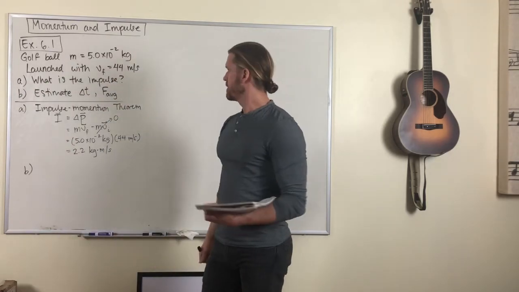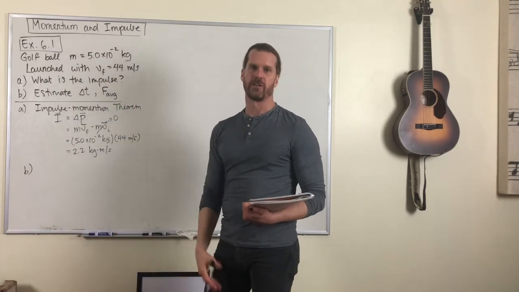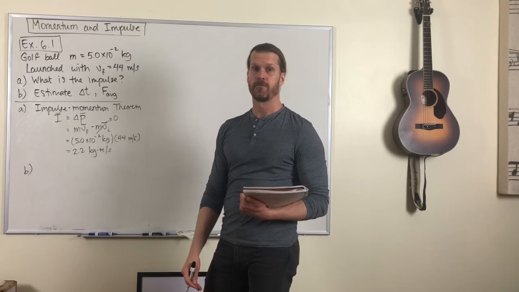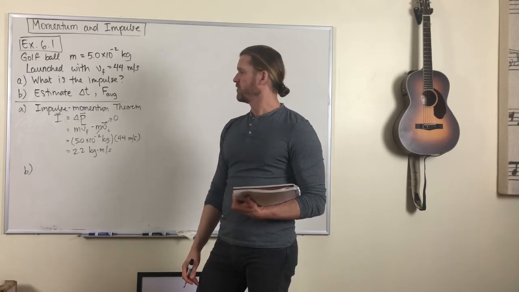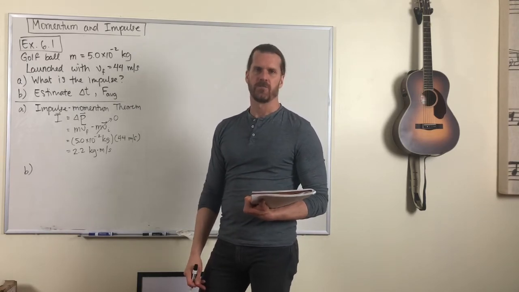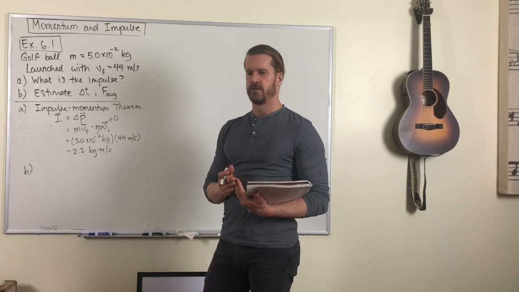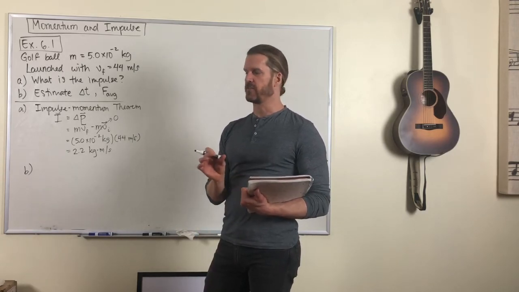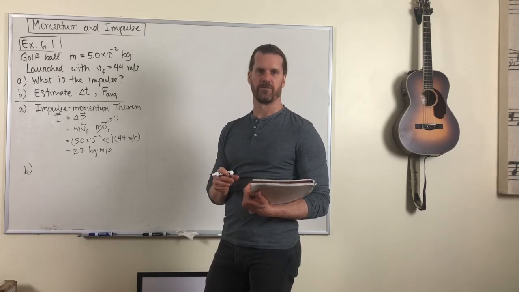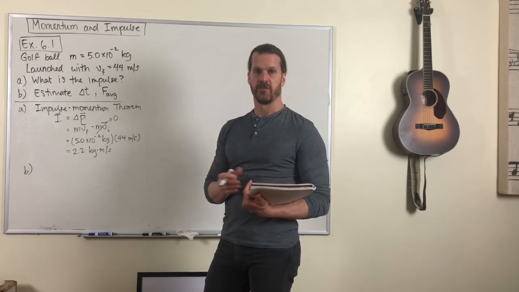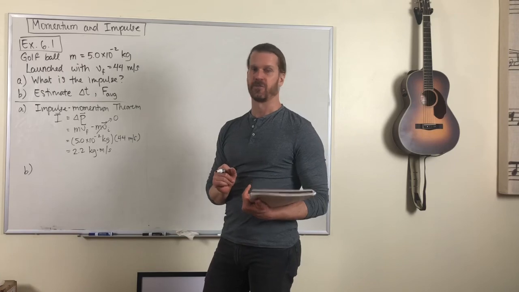Now part B, let's estimate the time of collision and then use that to figure out the average force. So in your textbook they say, let's estimate the time of collision as the distance traveled during the collision divided by the average speed during the collision.